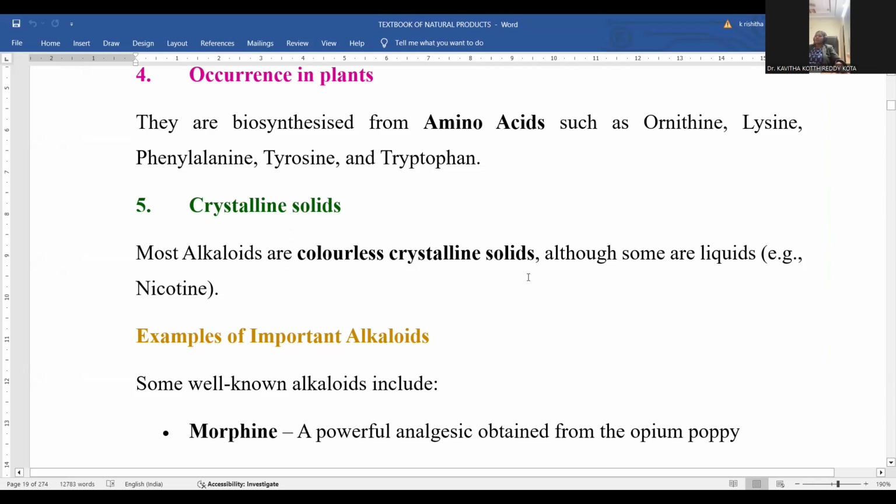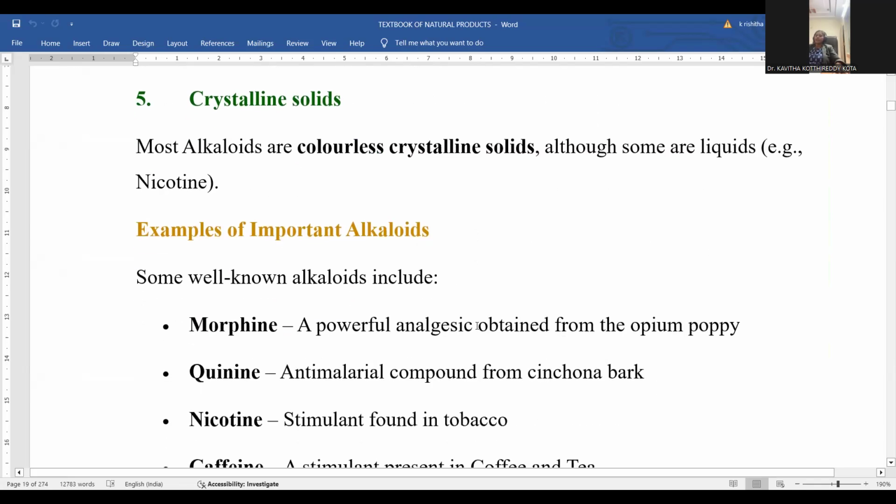Crystalline solids have a highly regularly arranged chemical structure. Although some are liquids, very few are in liquid form, and in general they exist in solid form only. The example of a liquid alkaloid compound is nicotine, extracted from tobacco leaves, right? Apart from this, most of the alkaloids are solid in nature and in general crystalline solids, right?